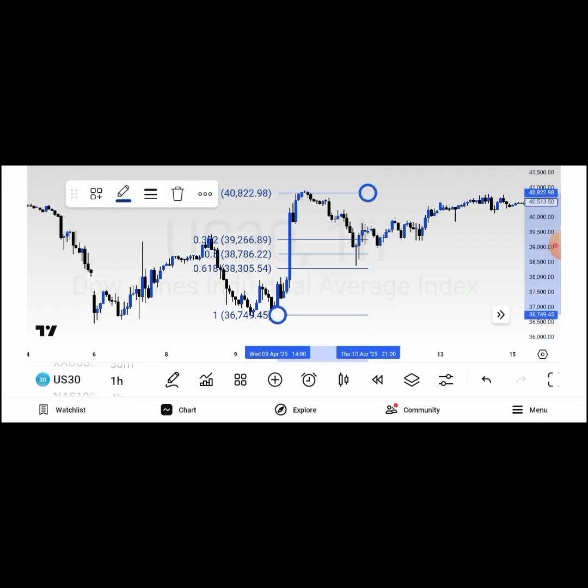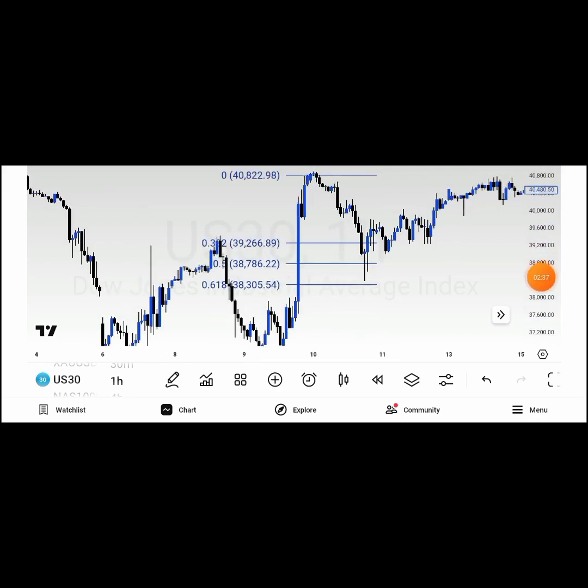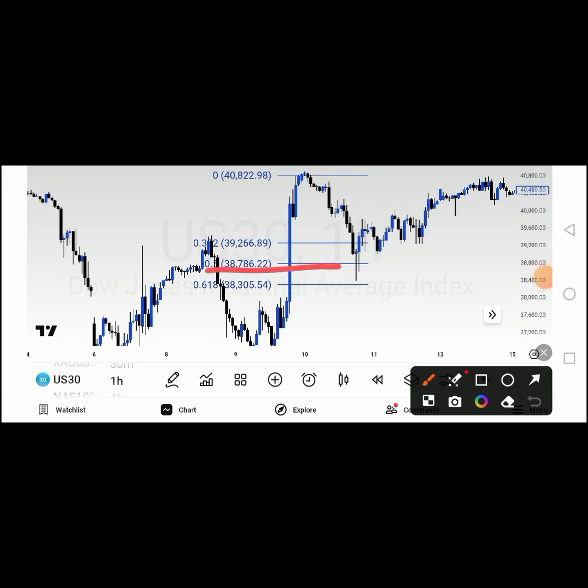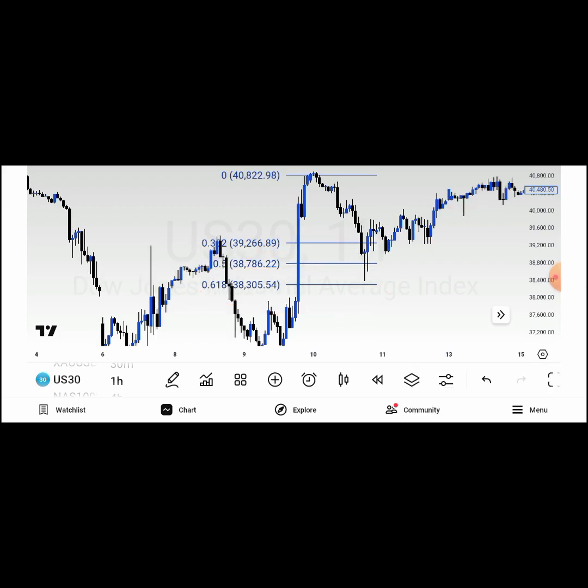Now look. When the market came around 0.5 and 0.618 here, remember I told you that the three levels are very important. You see that the market came around this 0.5 and 0.618, and then it continued moving to the upside, right? That's how we use Fibonacci retracement.